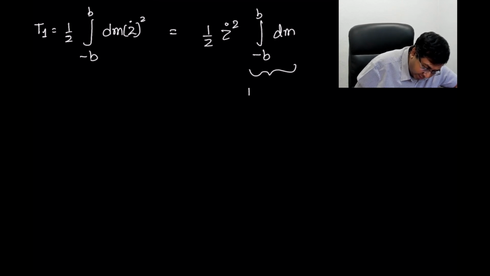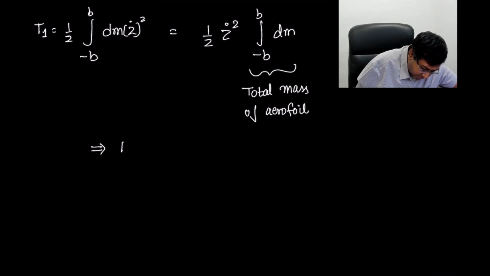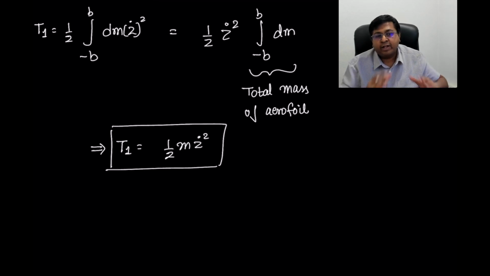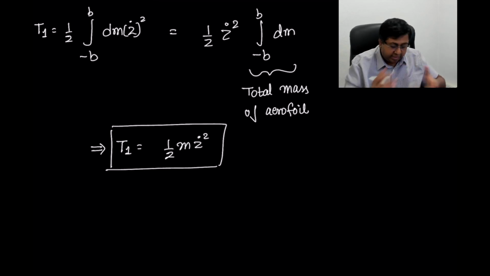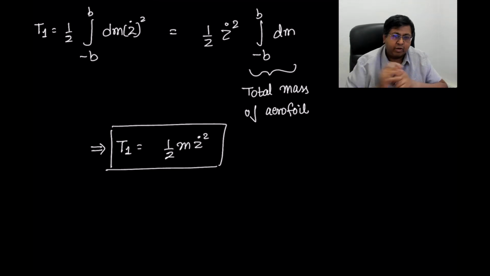And this is nothing but the total mass of the airfoil. That means I can write T1 is half m into z dot square. So I'm first calculating term 1, and we easily know that if we take every infinitesimal section throughout the airfoil, that would give us the mass of the airfoil. A very simple term to calculate.